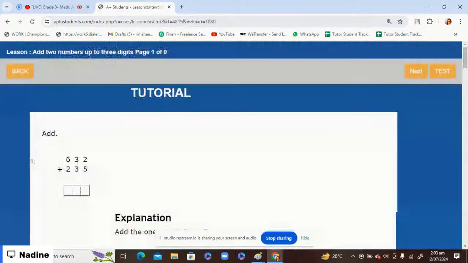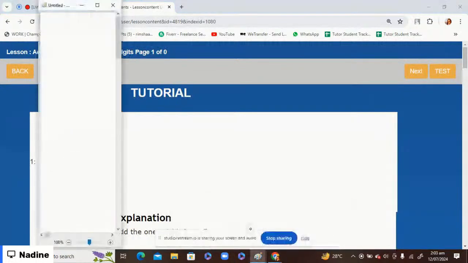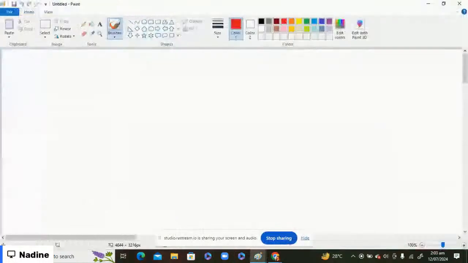So add two numbers up to 3 digits. If I'm going to write it down here, for example, let me write some numbers. Then you just need to solve it.